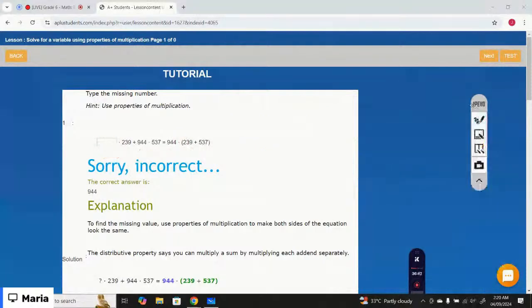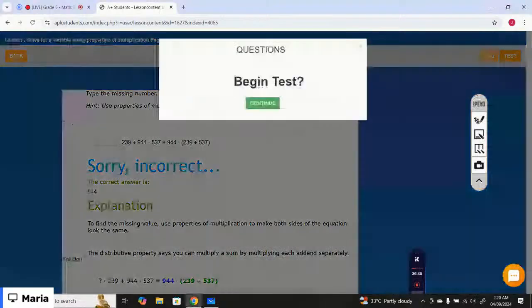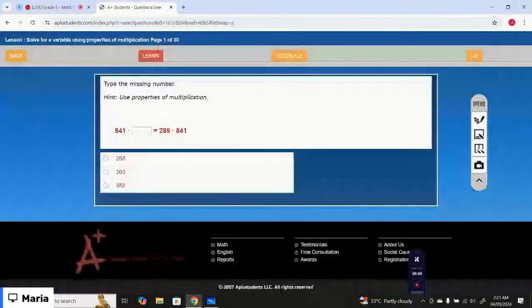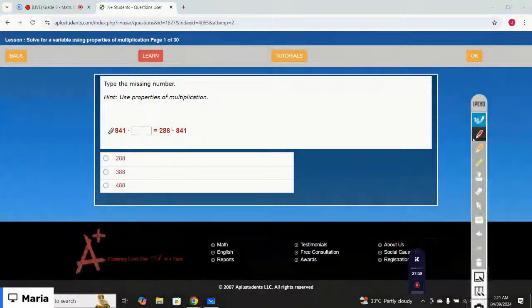Okay, let's start with the test questions. Type the missing number. Use the properties of multiplication. You have 288 times 841, and that equals 841 times the missing number. That is simply the commutative property of multiplication. Here you have 841, here you have 841. On both sides the numbers are exactly the same, just the order of multiplication is different.